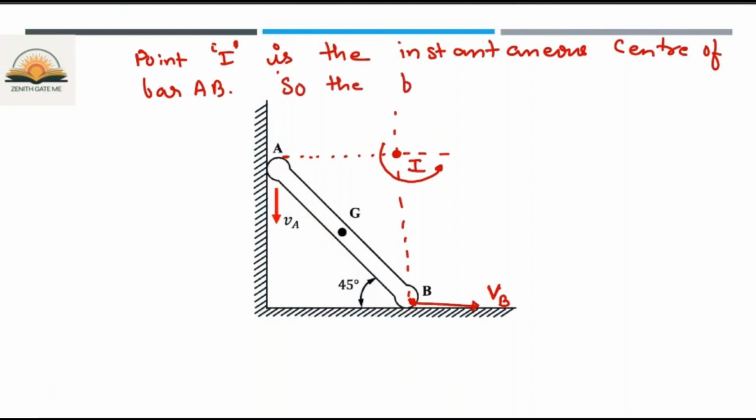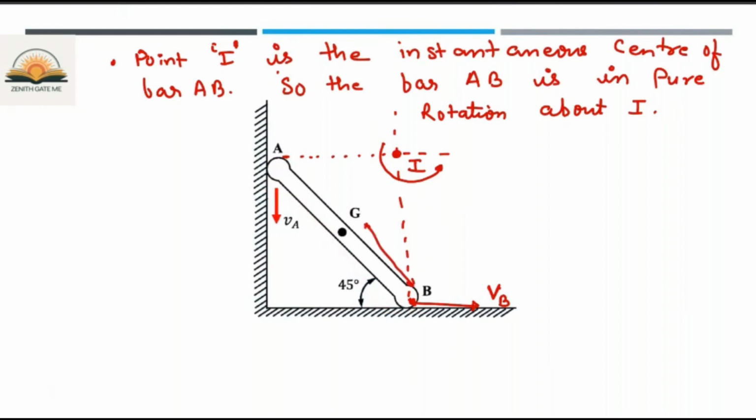The bar AB is in pure rotation about I. Now, if I want to calculate the absolute velocity at the G point, let us suppose this distance is the length L, so this distance will be L by 2. Here L is the length of the complete bar. Now this will become L by 2.